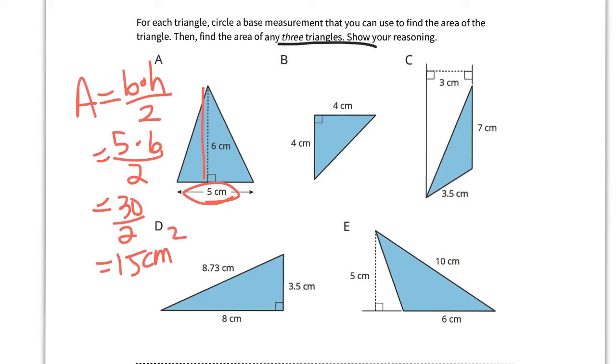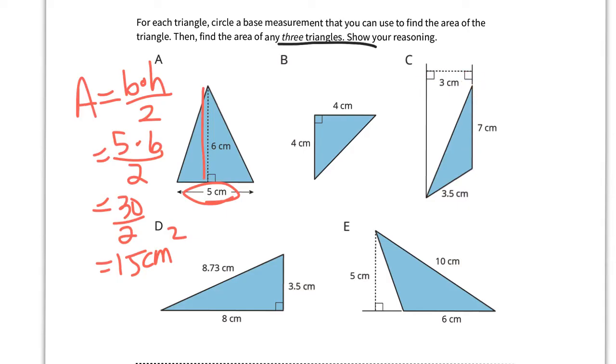That's problem A. Let's take a look at problem C. So when I'm looking at problem C over here, I can see that here's my right angle. And so I can see that here's my base and here's my height. So my base is 7, my height is 3.